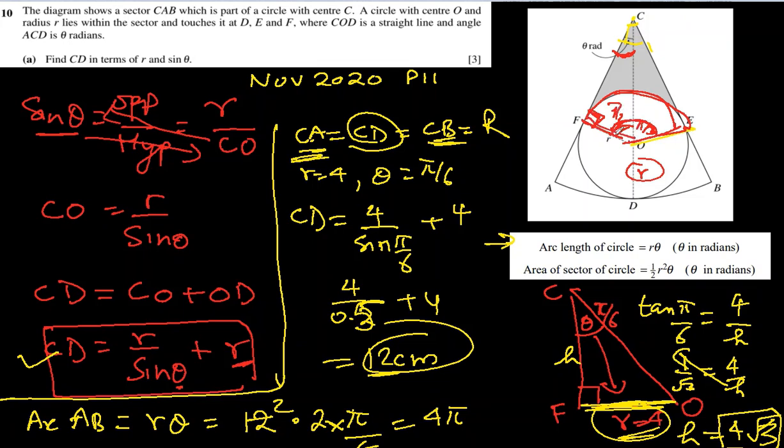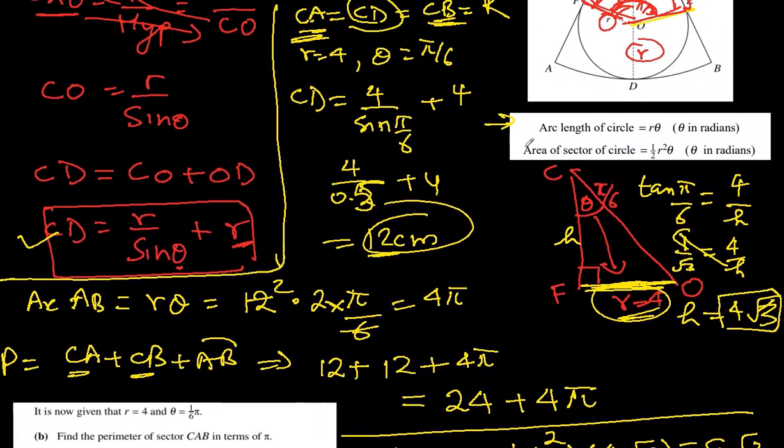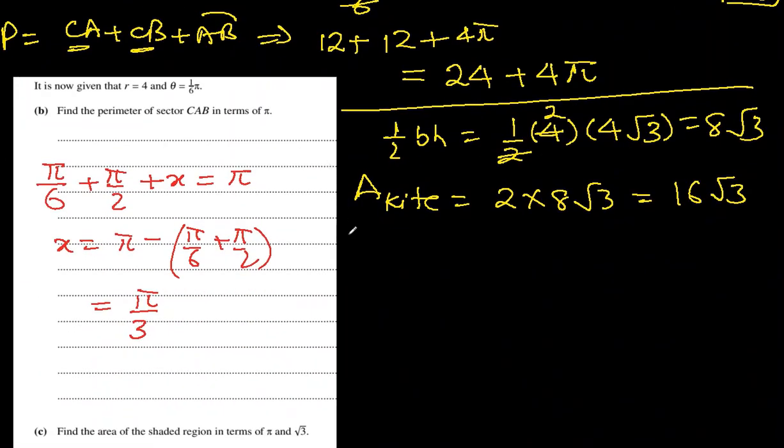And we know the radius is r, which is 4 centimeters. So the area of a sector is here. This is the formula, and we'll use it. So area of the sector will be half theta. Theta we just got, 2 pi over 3, and r square. R is 4.